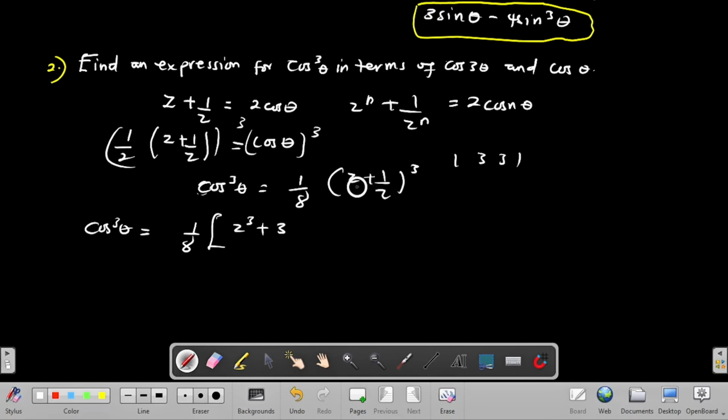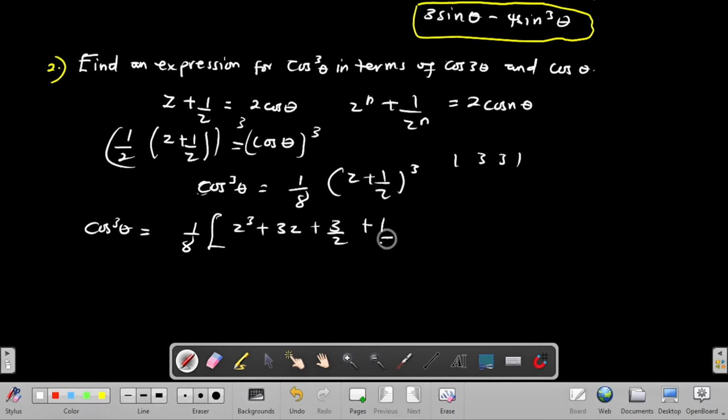So the first one is z cube, right? Then z squared times 1 over z gives me z. Cancel to give me z. Then I move to plus 3 again, but this time I'll have 1 over z squared multiplying z, so I'll have 3 over z, then finally plus 1.